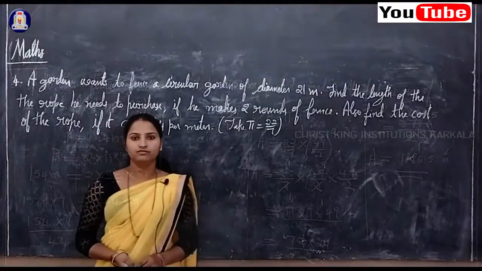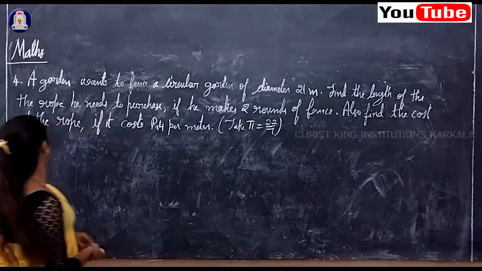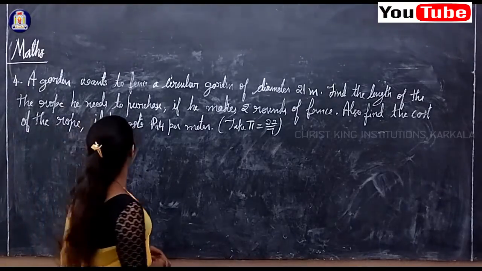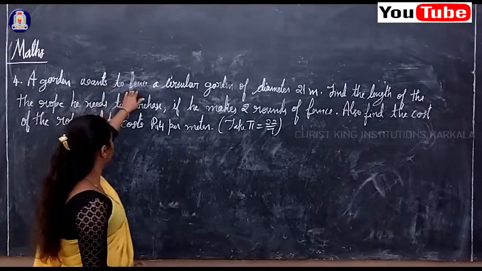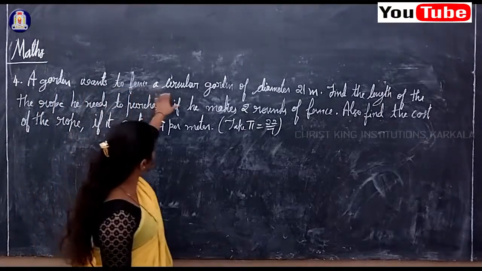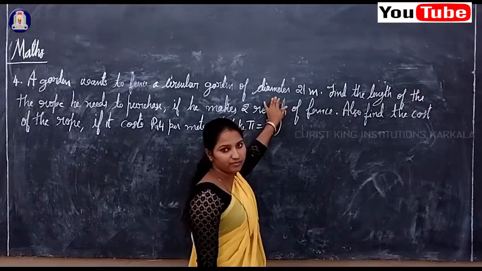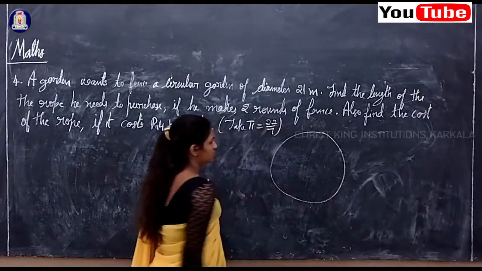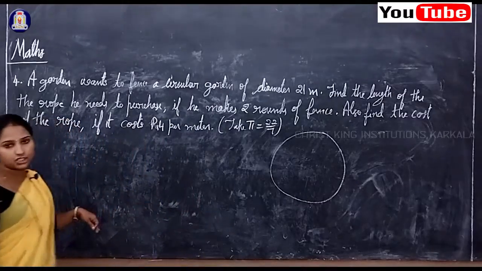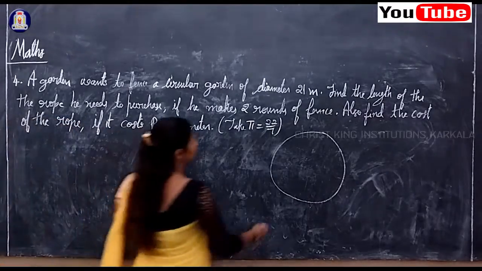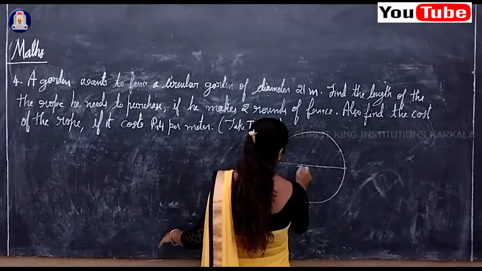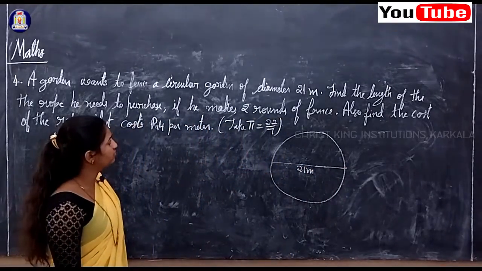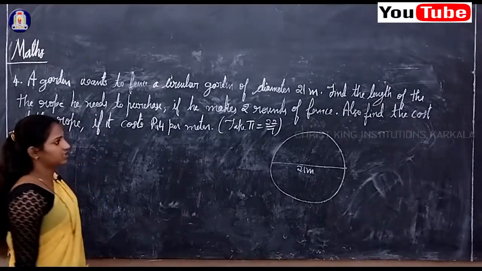Okay, the next question, the fourth one. A gardener wants to fence a circular garden of diameter 21 meter. So this is a circular shape garden, and the diameter of the circle is given as 21 meter.